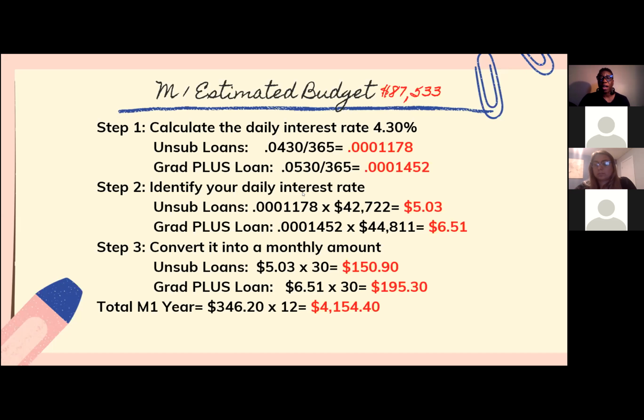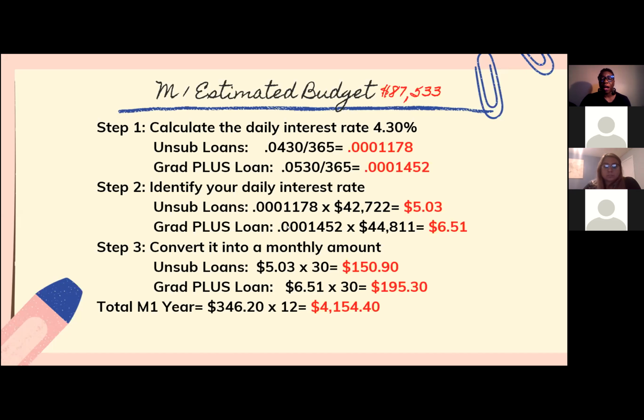Step 2, we're identifying that daily interest amount. So we're taking these percentages that we figured out above, and we're multiplying them by the unsub loan amount of $42,722, which gives us $5. So on a daily basis, you're being charged $5 for the unsub loan if you borrow this full amount.